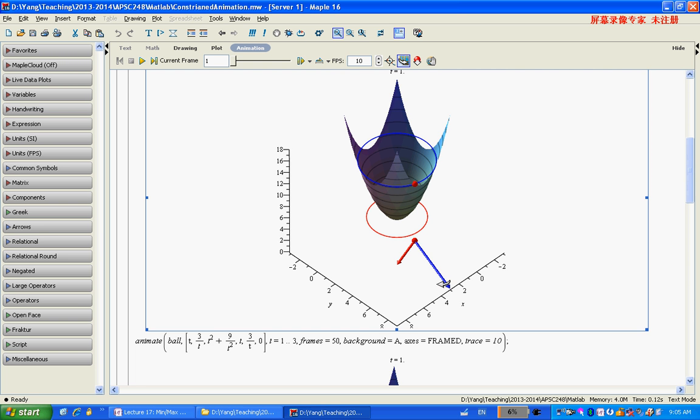Let me show you this one here. This one is going to trace out the history of this dot on the surface. Just watch the history of this. Just enlarge that a little bit.